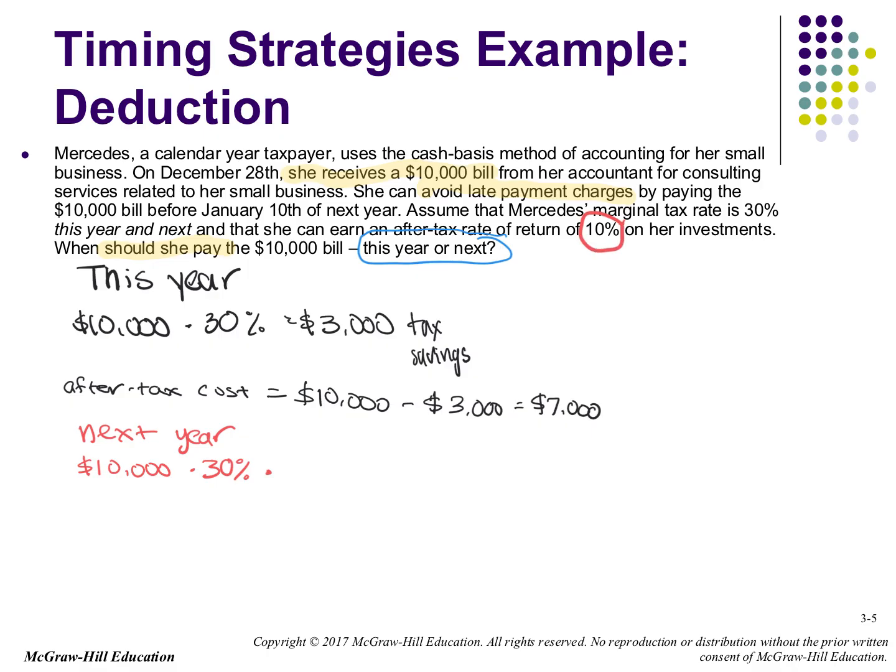So looking across the columns, we want the value at the intersection of year 1 and 10%. That present value factor will be 0.909.